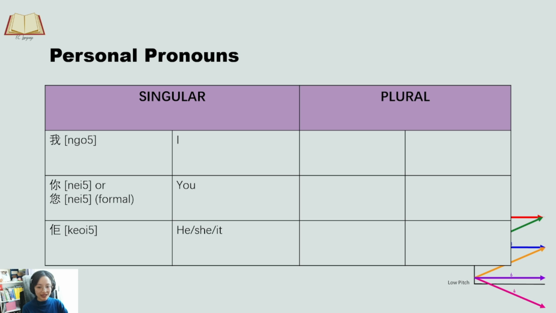Now the third person singular, he, she or it, we say 佢. This 佢 is used regardless of gender and also regardless of whether the third person you are referring to is a person or an object.